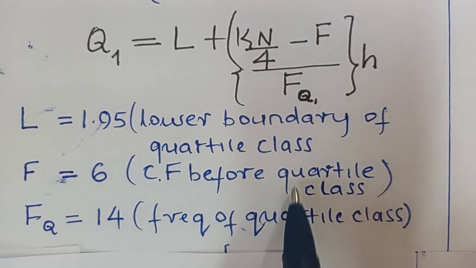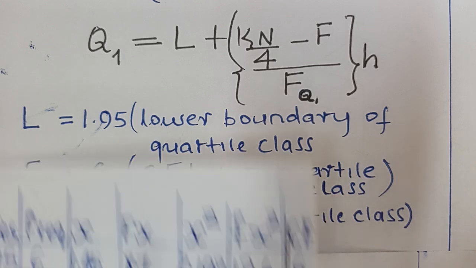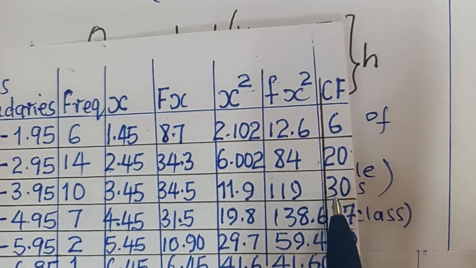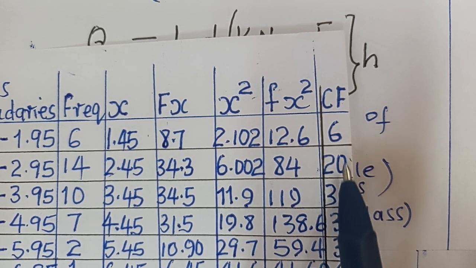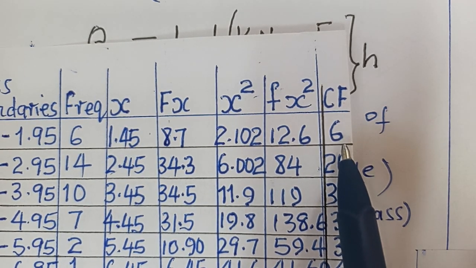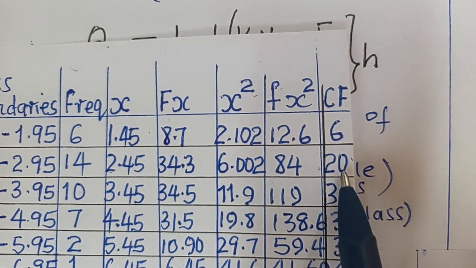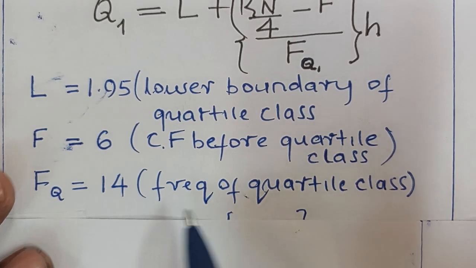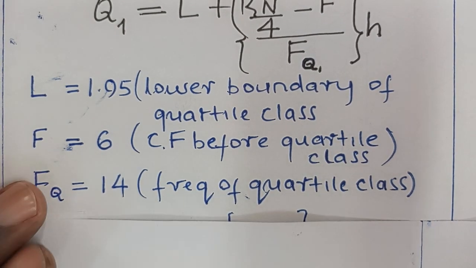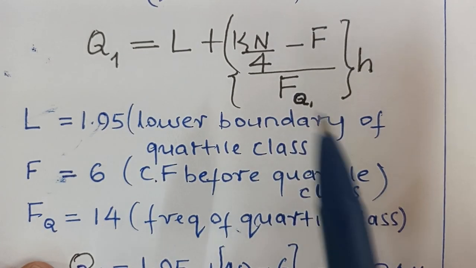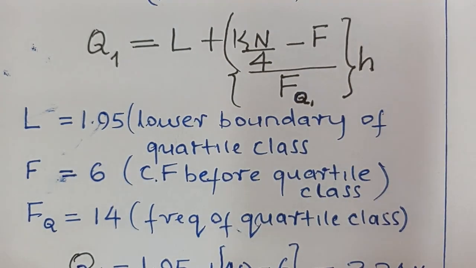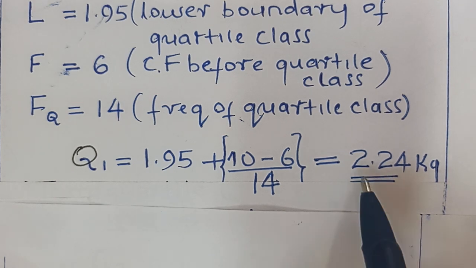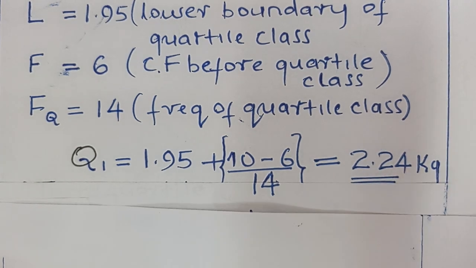So cumulative frequency before the quartile class is supposed to be 6. And then we have frequency of the quartile class, 14. And now guys, we can put in our figures right here. When we put in our figures, guys, we get first quartile as 2.24 kilograms.